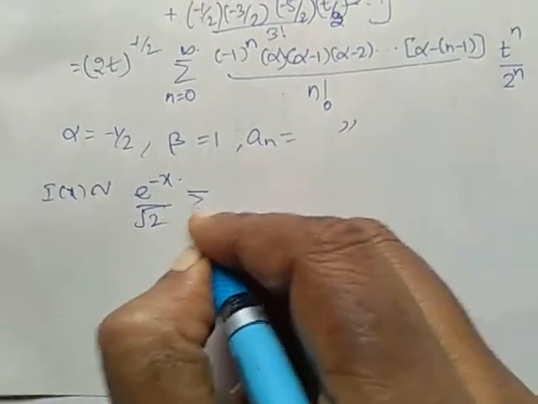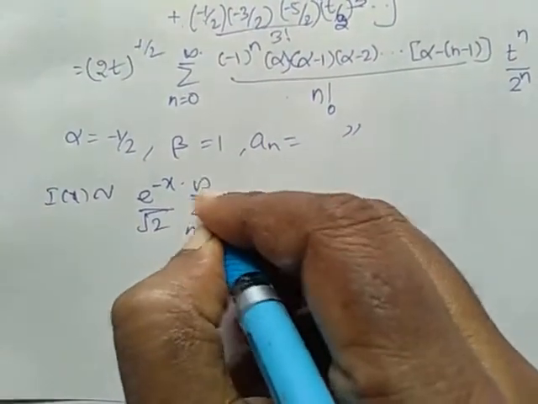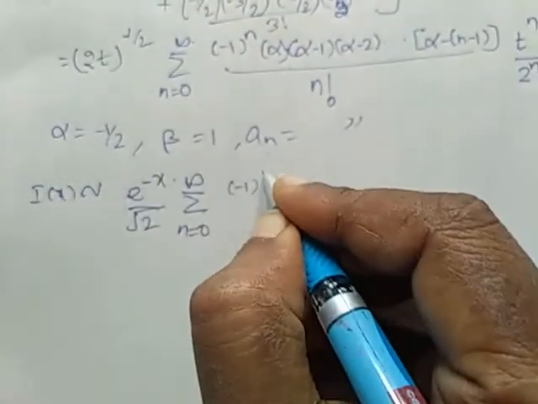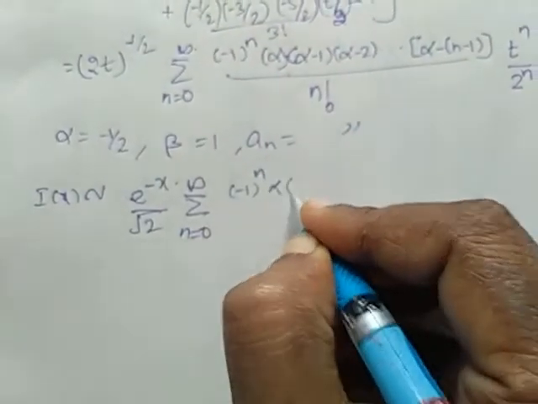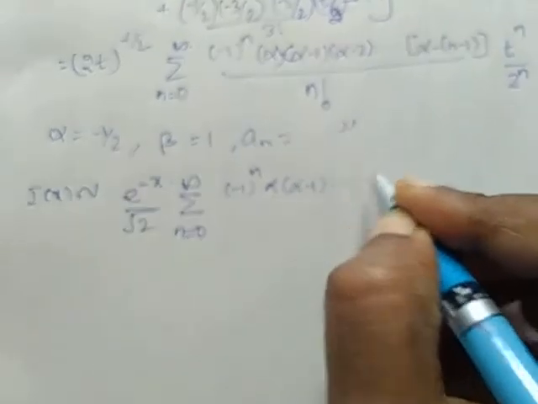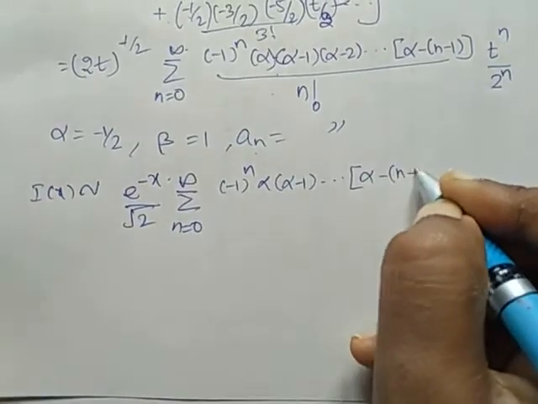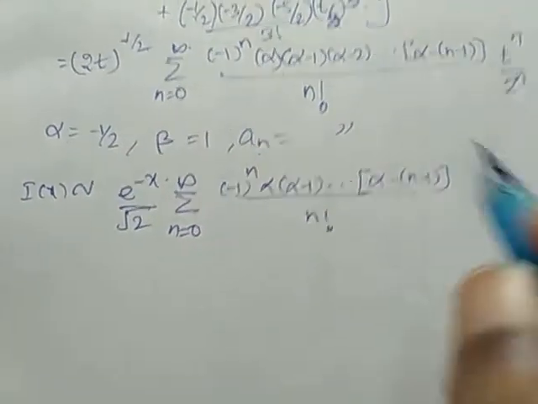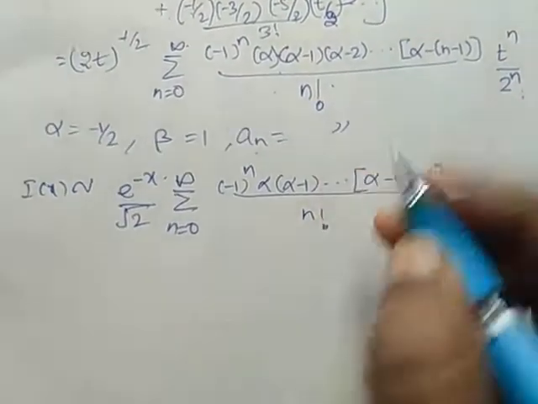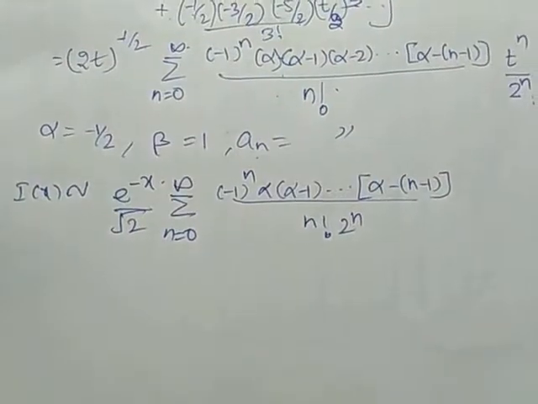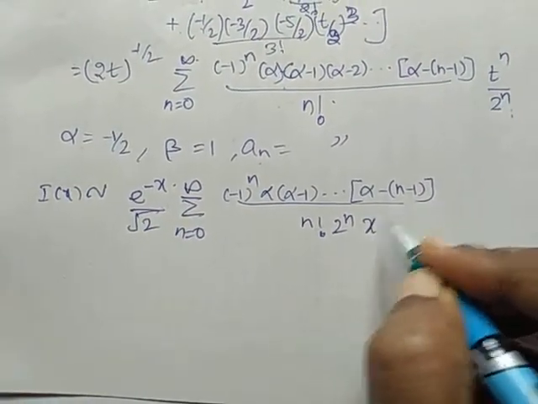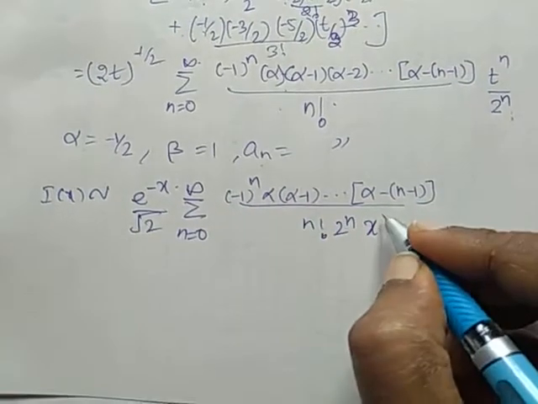Remaining terms are summation of n equal to 0 to infinity an. An is this term: minus 1 to the power n, alpha, alpha minus 1, etc., alpha minus n minus 1 whole divided by n factorial, into 2 power n, into x power alpha, which is minus 1 by 2.